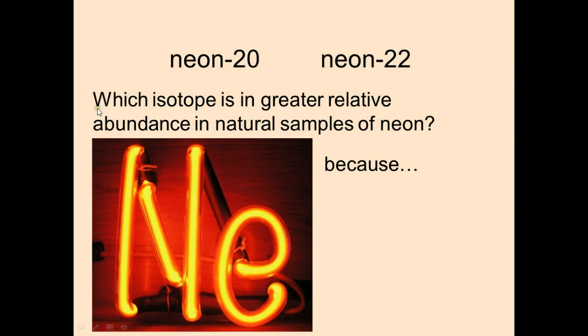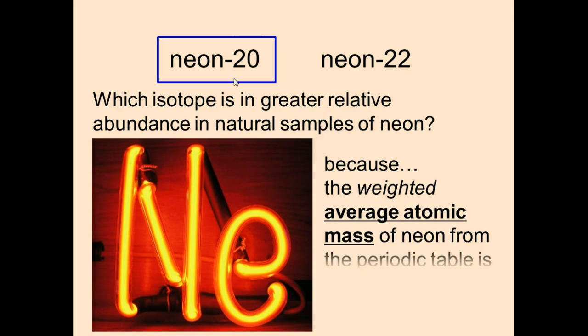Which isotope is in greater relative abundance in natural samples of neon? If we look at the periodic table, neon has a relative mass of 20.18, so the average is obviously closer to 20. Like we talked about before, if there's more 20, the average will be closer to 20, but if there's more 22, then the average mass will be closer to 22.